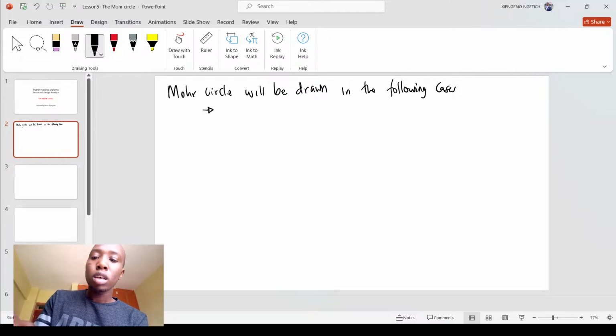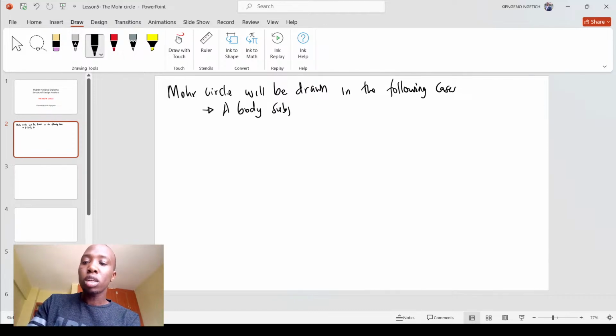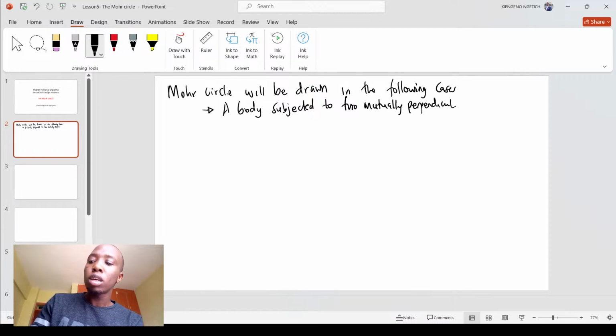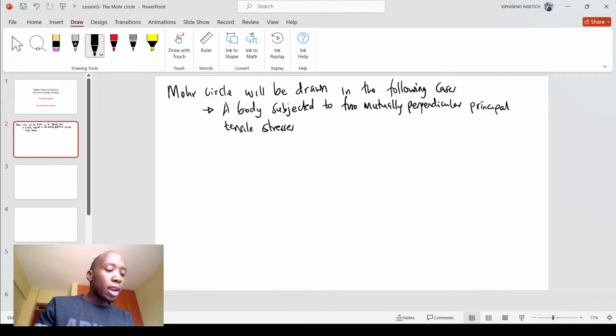The first case in which it will be drawn is when a body is subjected to two mutually perpendicular principal tensile stresses, which are of unequal intensities.